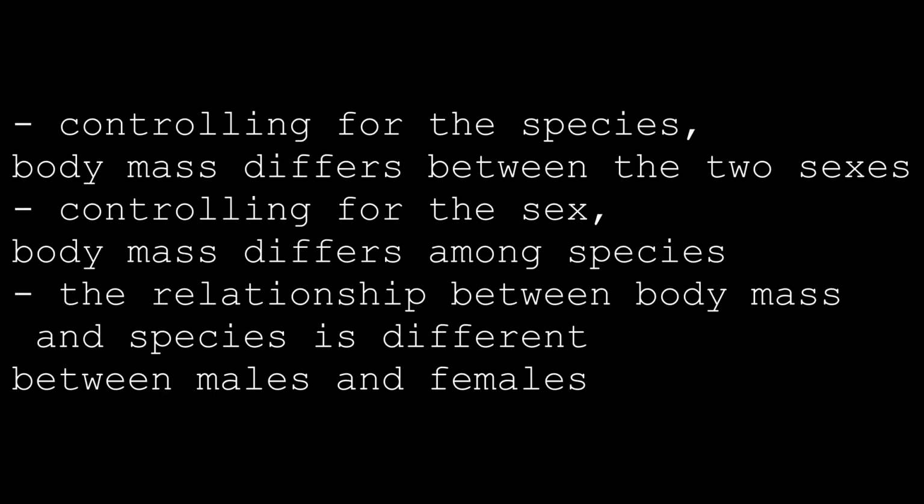Now, we already saw that we could state it very simply as controlling for the species, body mass differs between the two sexes. Controlling for the sex, body mass differs among species, and the relationship between body mass and species is different between males and females. That's a really simple way of interpreting that ANOVA table that we just looked at.